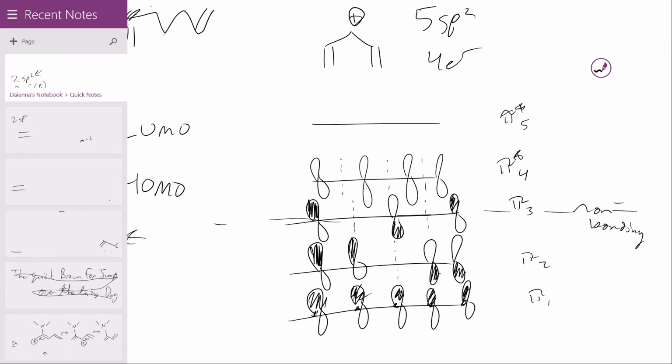So this node in the middle cancels out the 3rd orbital. And finally we have 4 nodes, so in between each one.